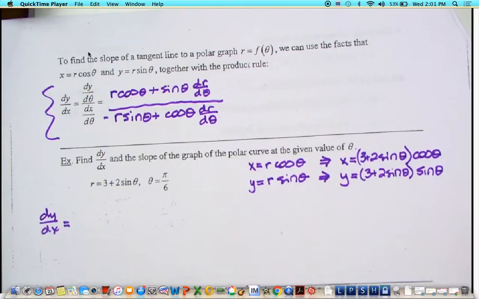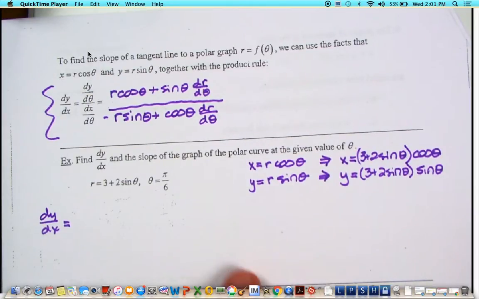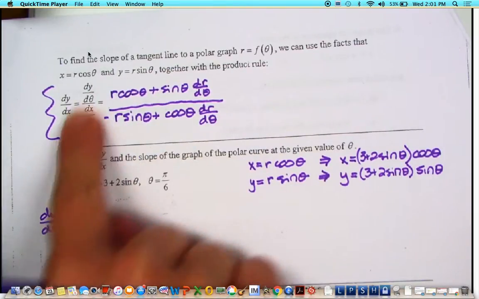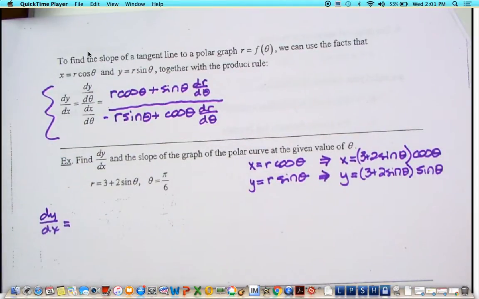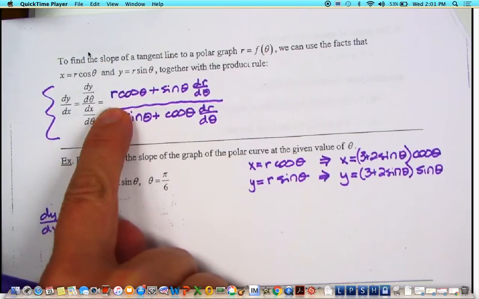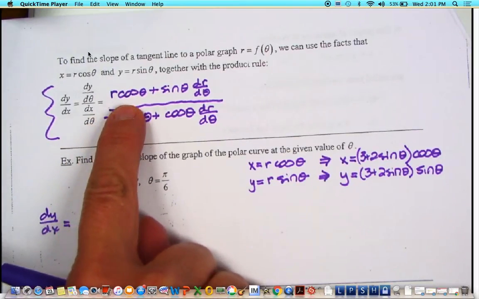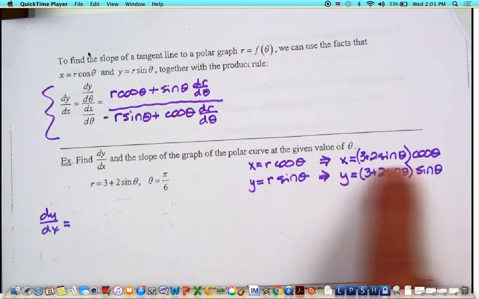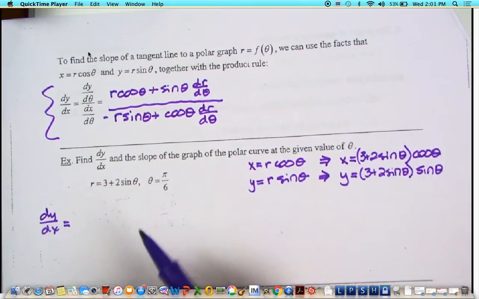Go look at this definition. By definition, it's r cosine theta. What's r cosine theta? That's not that bad.